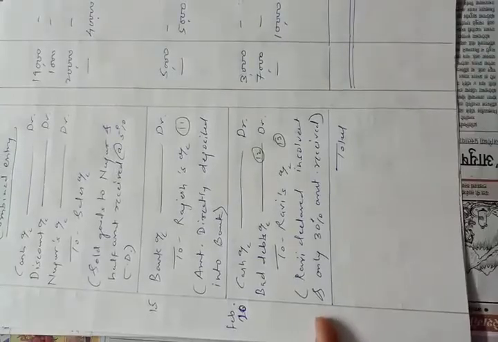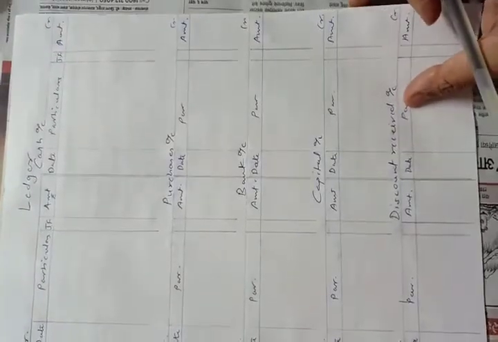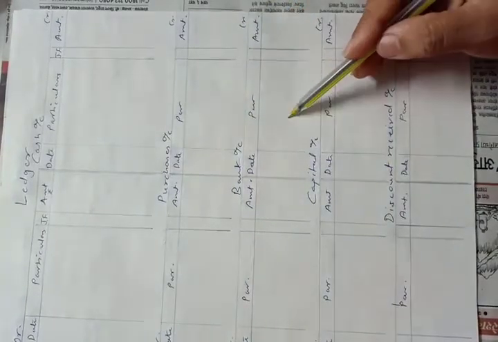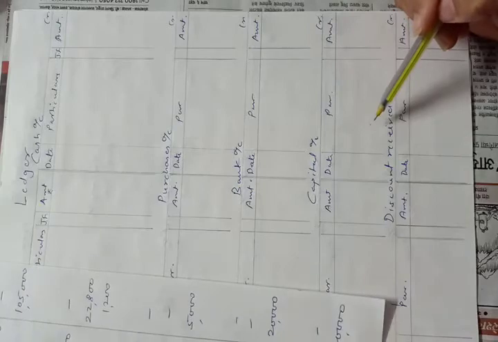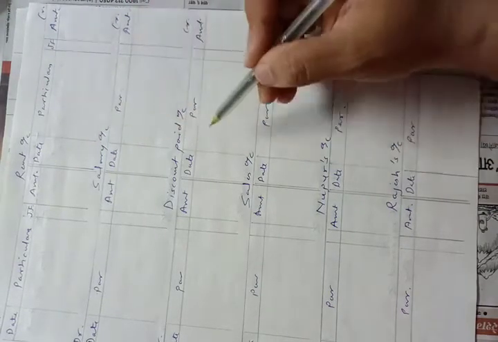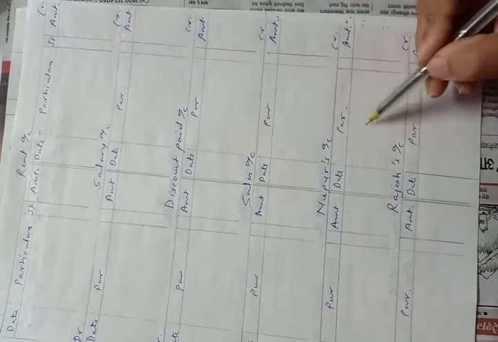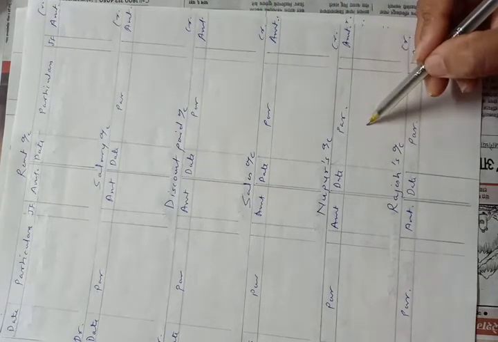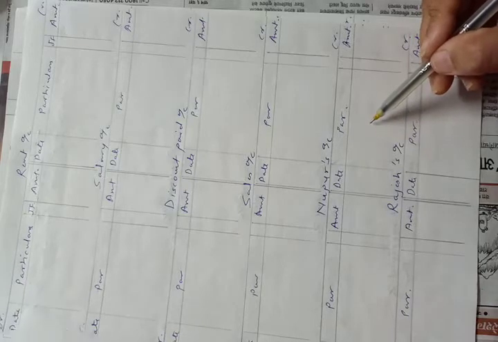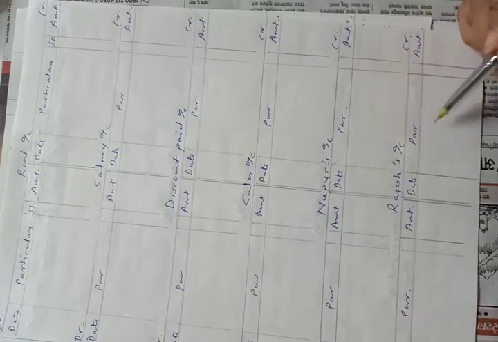Okay, so these are the ledger accounts we have prepared: cash account, purchases account, bank account, capital account. Then the fifth account will be the discount received account, sixth account rent account, salary account, seventh account, then discount paid account, then sales account, then Nupur's account, then Rajesh's account.